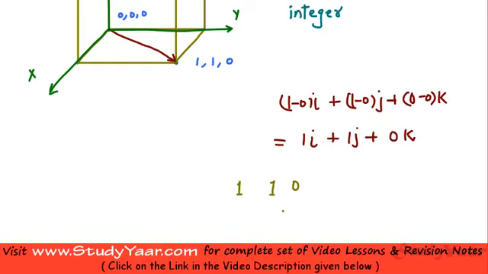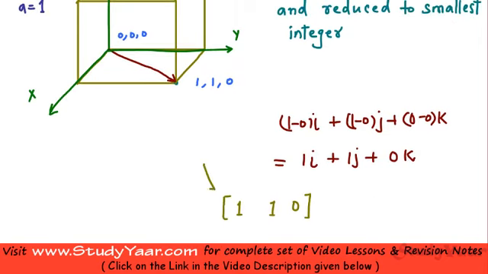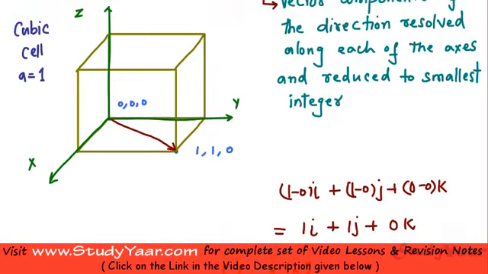Now 1, 1, 0 is already the smallest set of integers; you cannot reduce them further. Therefore the crystallographic direction indices are 1, 1, 0, written in square brackets for this direction. Just realize your crystallographic direction indices represent a direction, they do not represent the location of a lattice point. They only tell you in what direction, with respect to the origin, a lattice point lies.